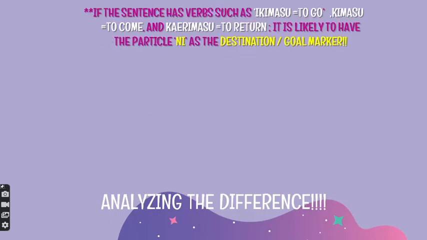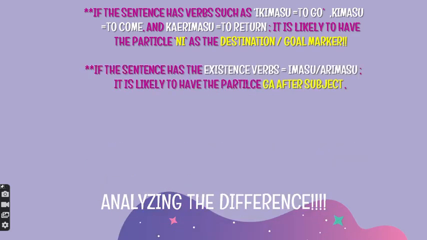If the sentence has verbs such as ikimasu, to go, or kimasu, to come, and kaerimasu, to return, the destination or the goal is likely to be marked by the particle ni. So if you have such verbs, ikimasu, kimasu, kaerimasu, there are going to be uses of the particle ni in the sentence. Okay, so you have to be careful in that case.